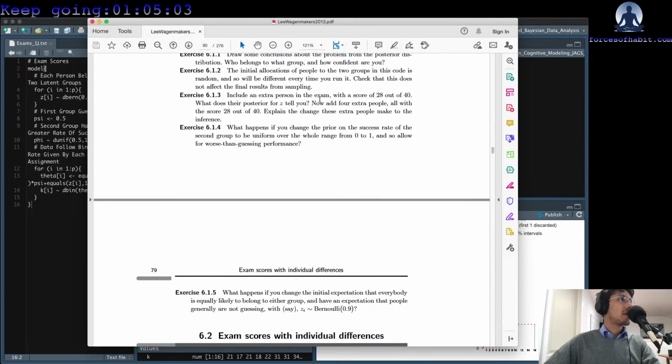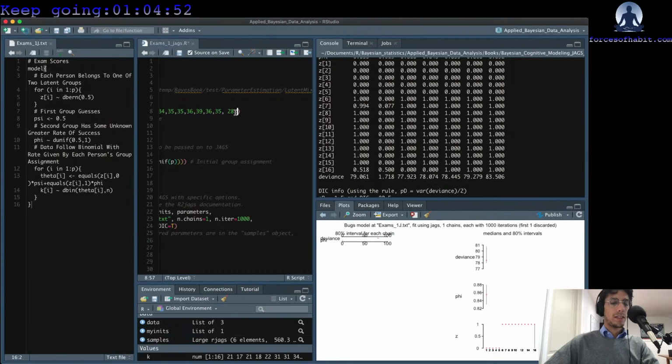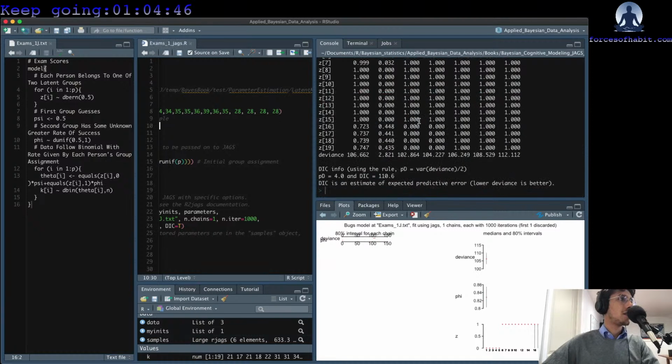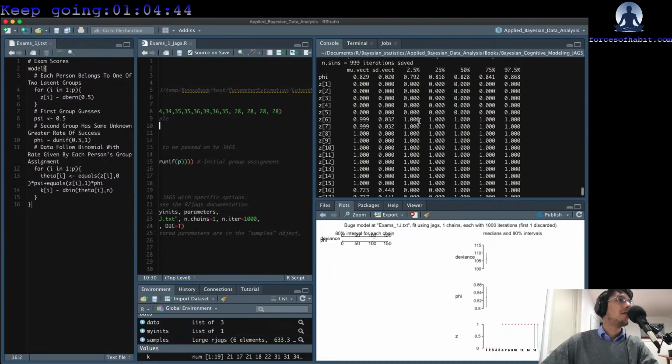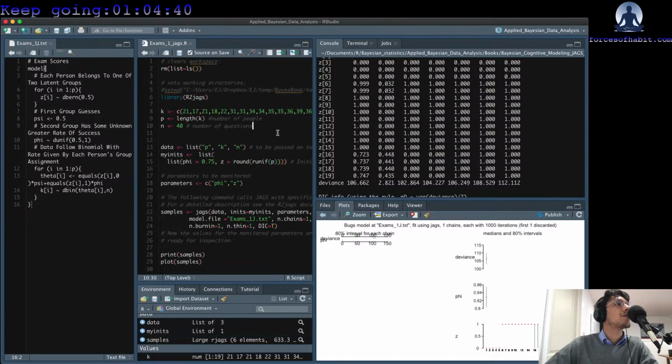Not sure. Now add an extra 4 people, all with a score of 28. So now add 28, 28, 28. Oh, I see. More evidence of 28 tells us if it's a good score or not.